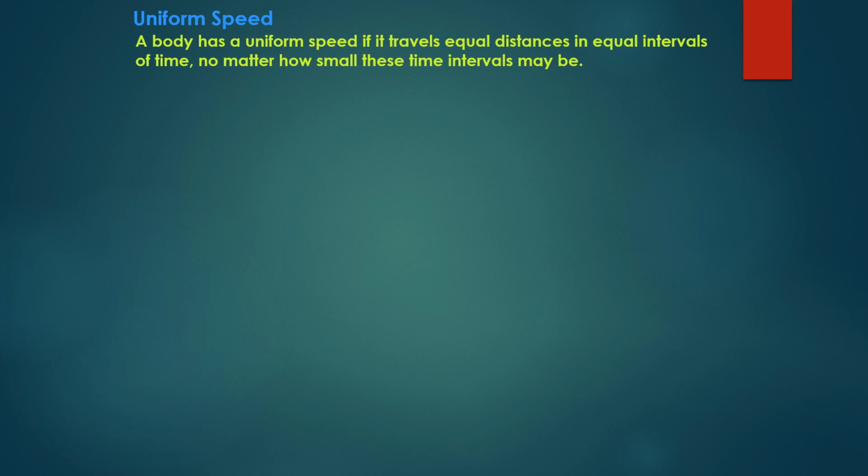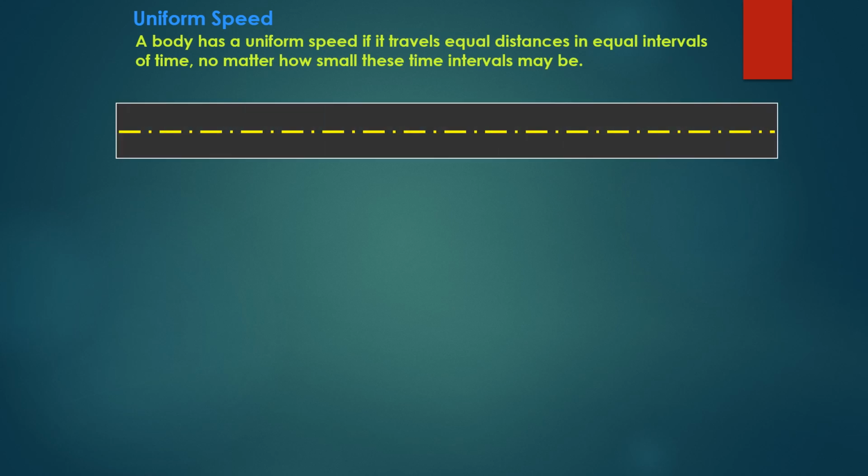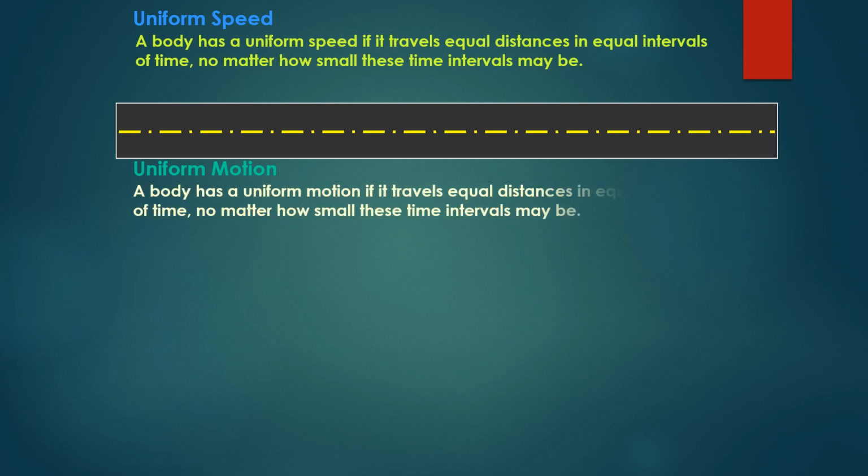Now let us see what is a uniform speed. A body has a uniform speed if it travels equal distance in equal intervals of time, no matter how small these time intervals may be. Let us look at this car. It is moving at equal distance in equal intervals of time. Uniform motion.